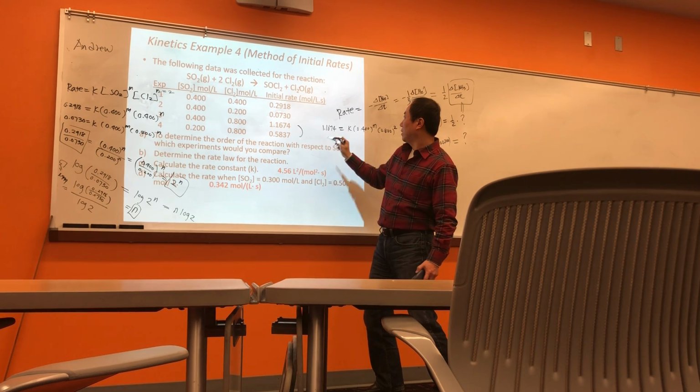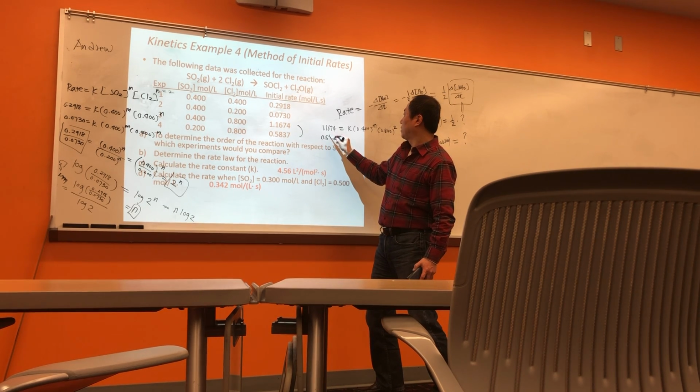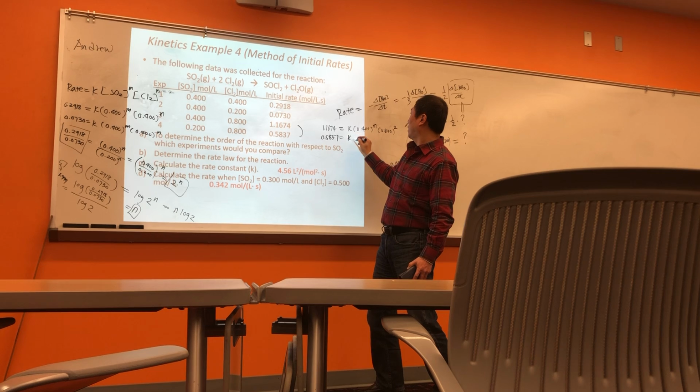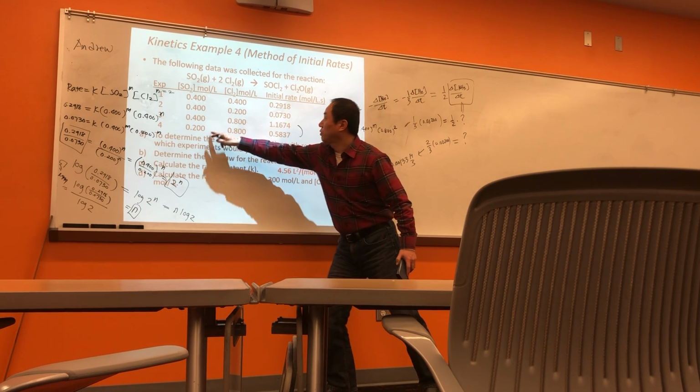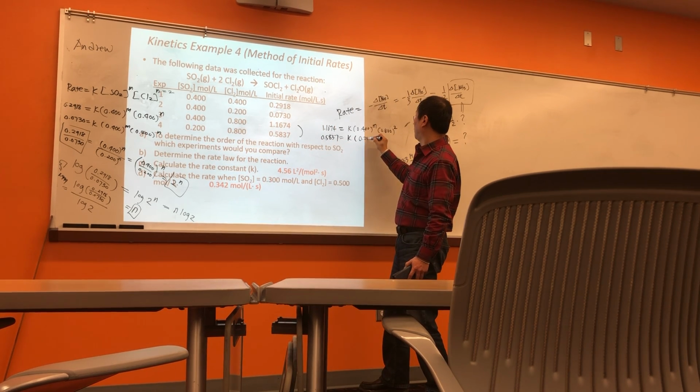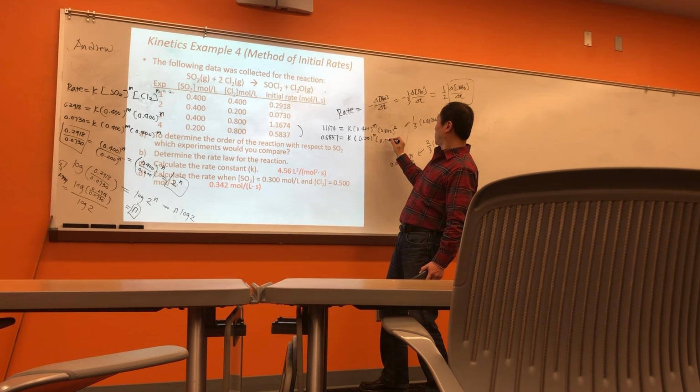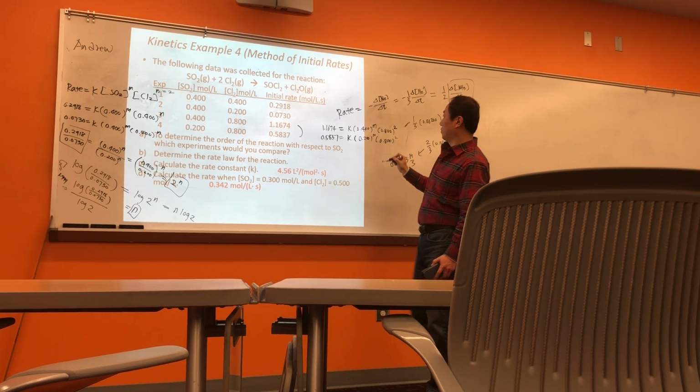If you use the bottom data, 0.5837, k, my constant is 0.2, and then we don't know m, the constant here is 0.800, we know 2.